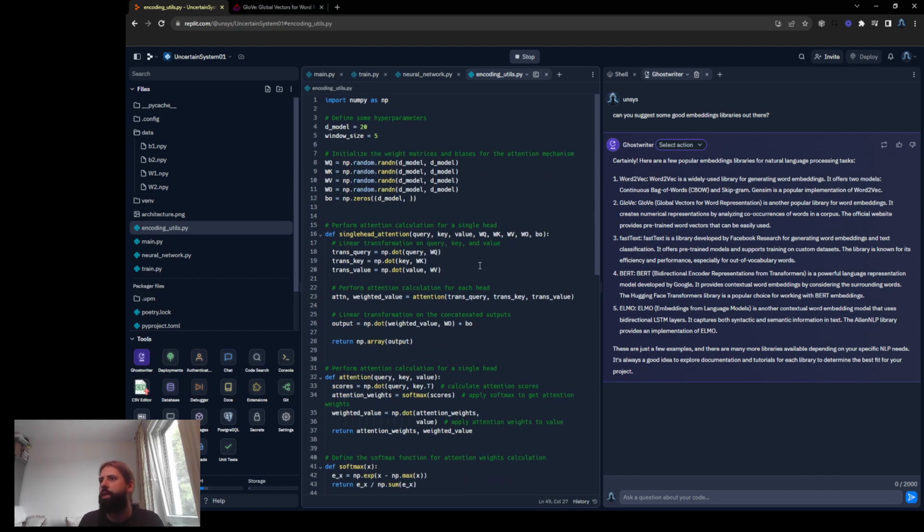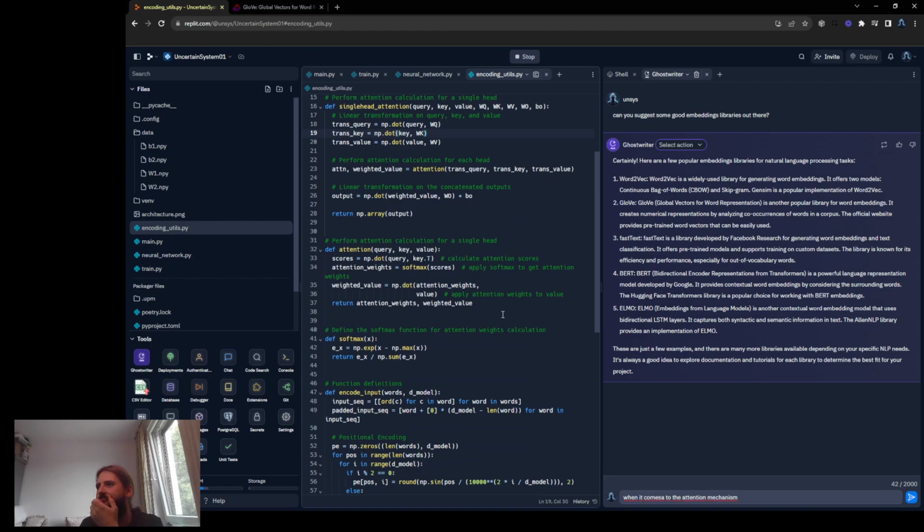But then the attention aspect of it, that will be the next thing, right? So how to really train that? When it comes to the attention mechanism, what is the attention doing?